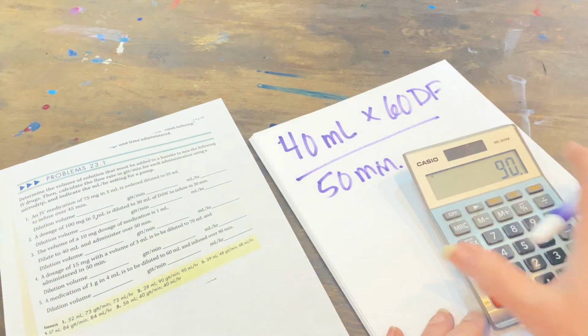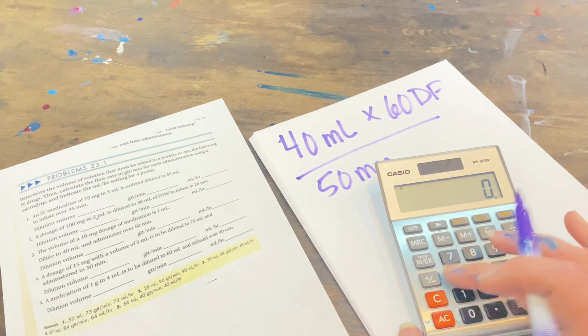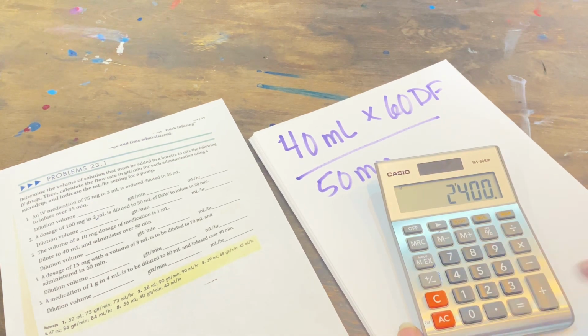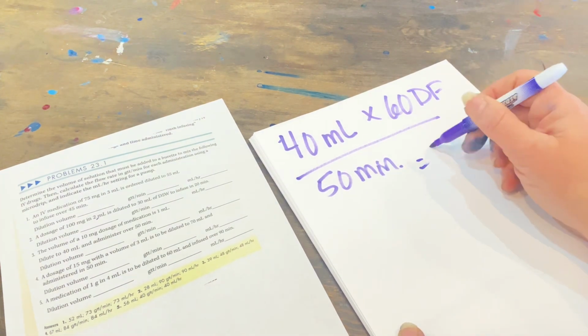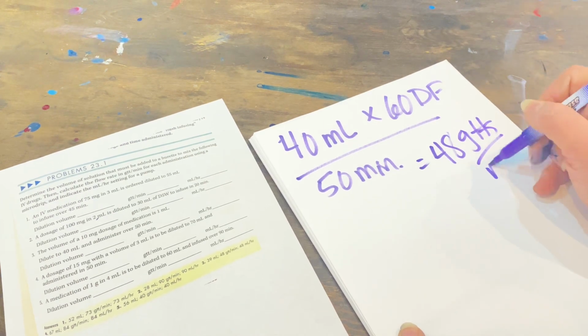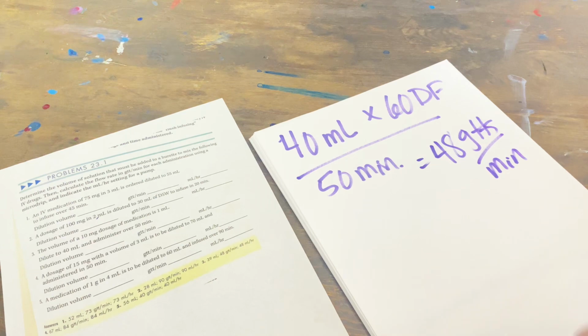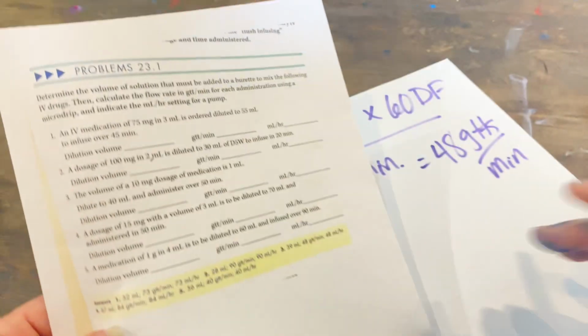Get your handy dandy calculator. You got 40 times 60 equals, divided by 50, it's 48 drops per minute. And look at here, 48 drops a minute. We saved them.